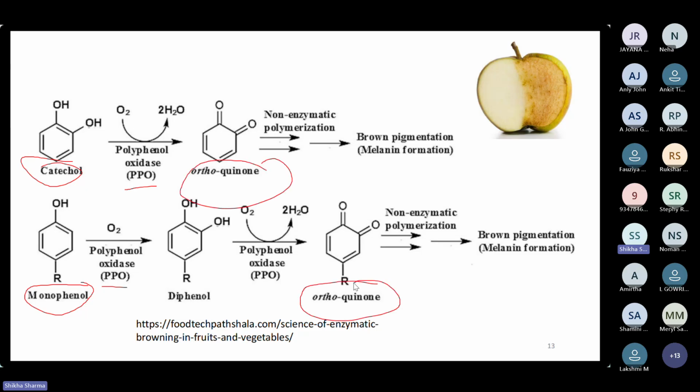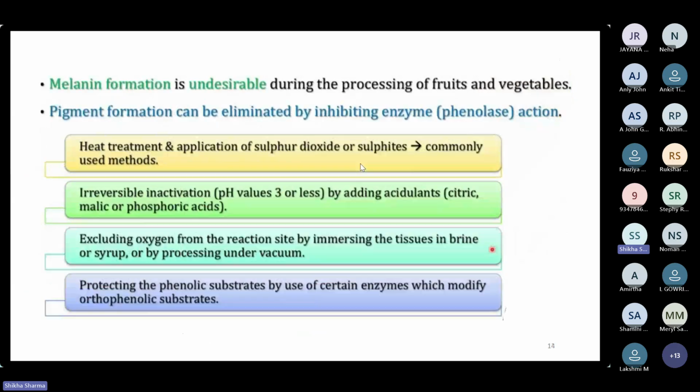Here also orthoquinones, and further the reaction will take place and melanin will form, which will lead to browning in the apple. This melanin formation is not desirable in fruits and vegetables, so we need to inhibit it.